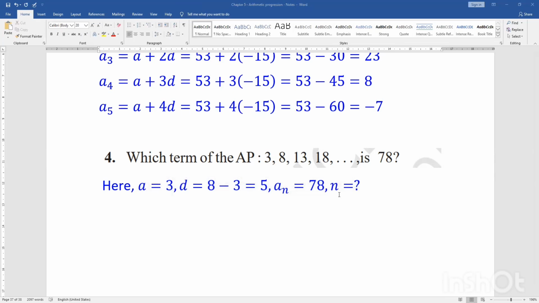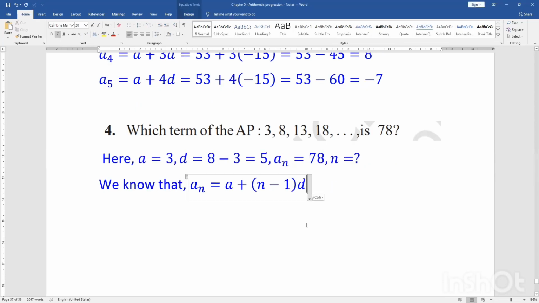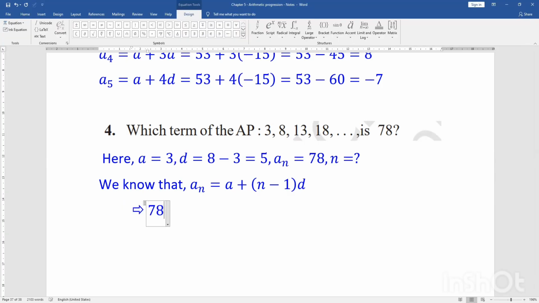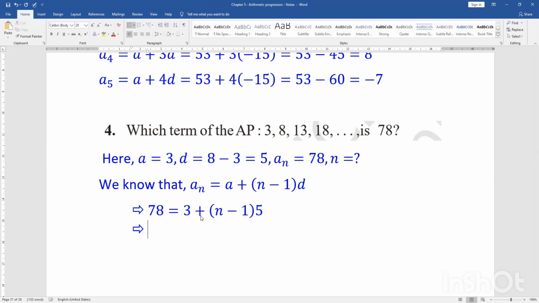Now as usual, we write the formula. We know that an is equal to a plus n minus 1 into d. Now we are going to substitute the values. 78 equals a, which is 3, plus n minus 1, and since I don't know n, I keep it as it is, into d value. D value is 5, right?